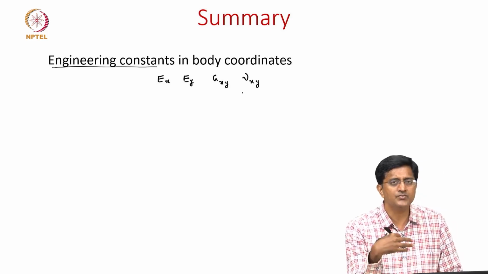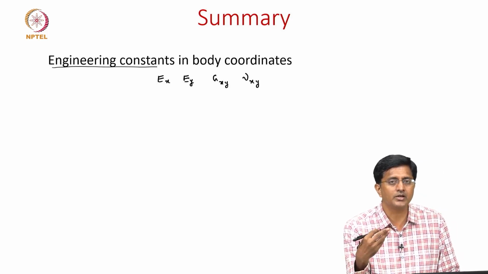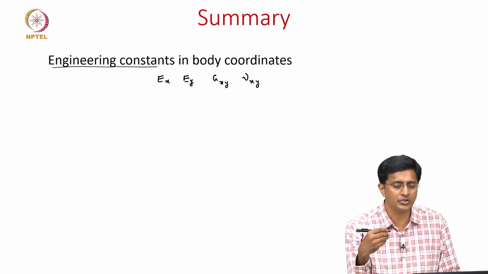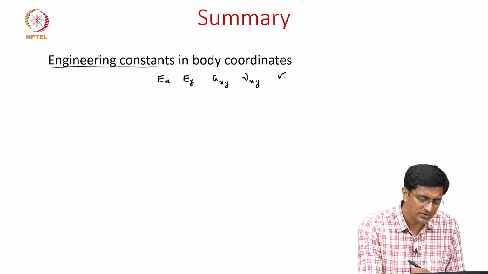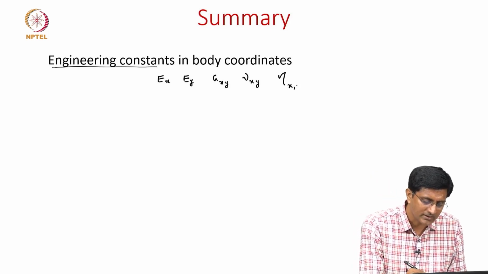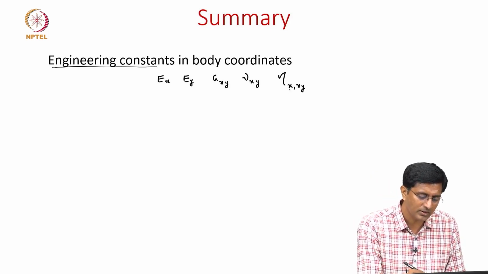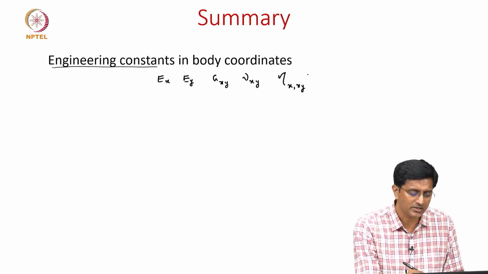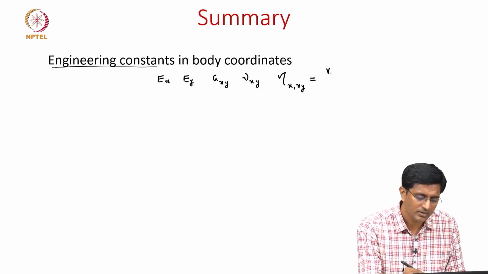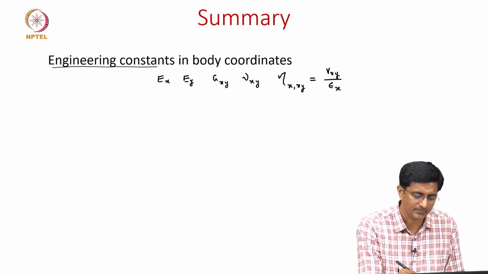In addition to this we introduced another coefficient called the coefficient of mutual influence, which we can write as eta x,xy, meaning that we have the loading in the x direction and we are looking at the shear strain gamma xy by the normal strain epsilon x.